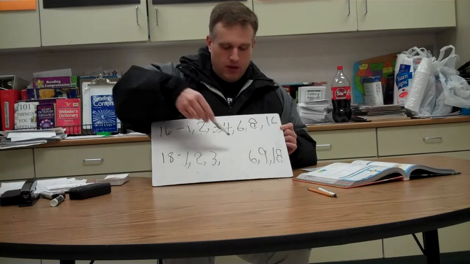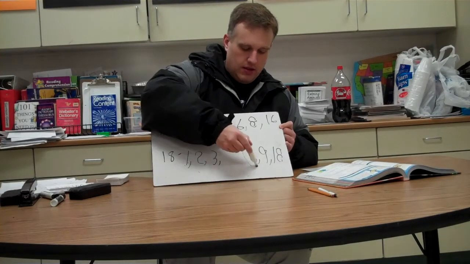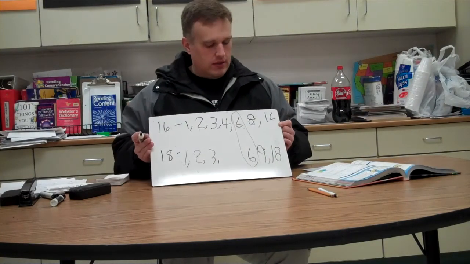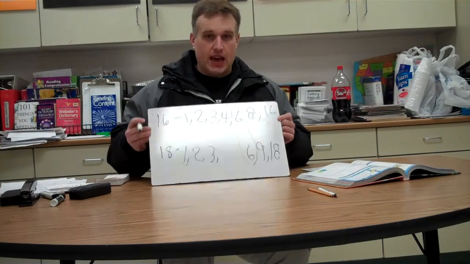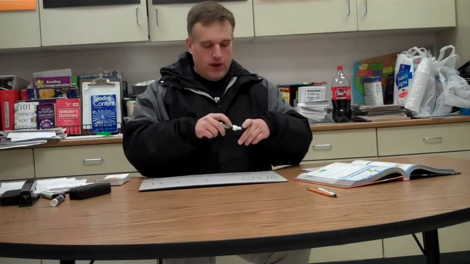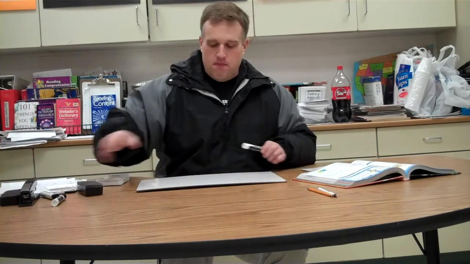When I compare them, 6 and 6. That's the biggest number in both lists. So 6 is my GCF. Okay? And again, guys, whatever work I'm doing on these boards, make sure you're also doing those on your paper as well.